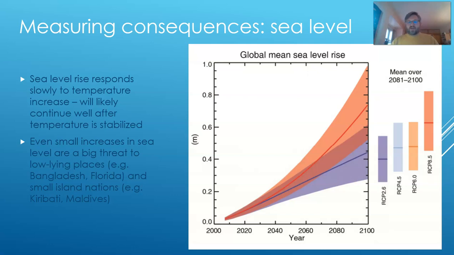But even the small increases that we're seeing already can be a big threat to low-lying places. So places like Bangladesh or Florida that are very close to sea level already. A little bit more sea level rise could have pretty devastating effects on people that live in the coastal areas of those. At particular risk are the small island nations.